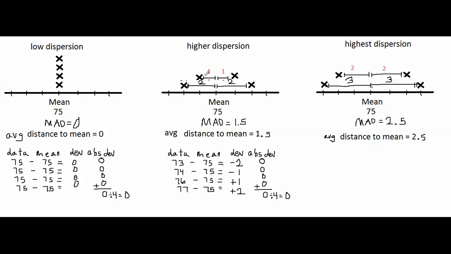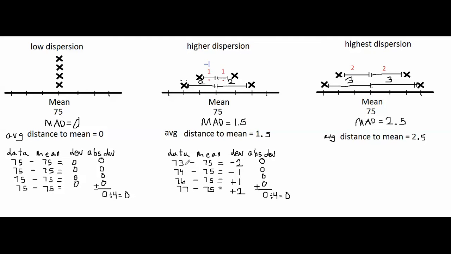Now these numbers that I showed up here aren't actually the deviations. They're the absolute deviations, which we're going to calculate in a second. The absolute deviations are all positive, but the deviations can be negative or positive. So I'll actually label the deviations up here. This person's exam score of 74 has a deviation of -1 because they're 1 below the mean. -1 means 1 below the mean.